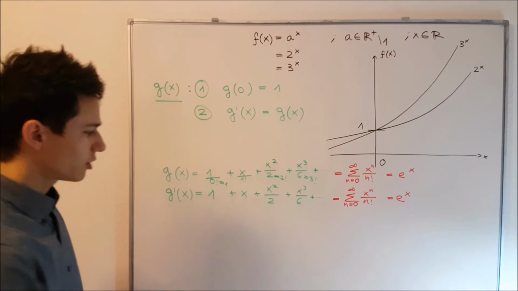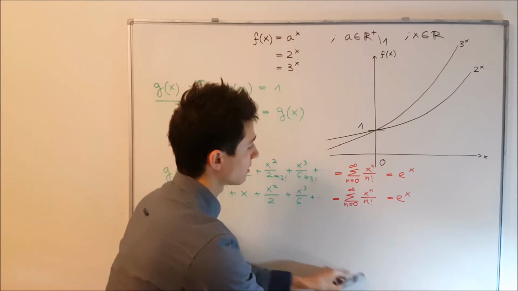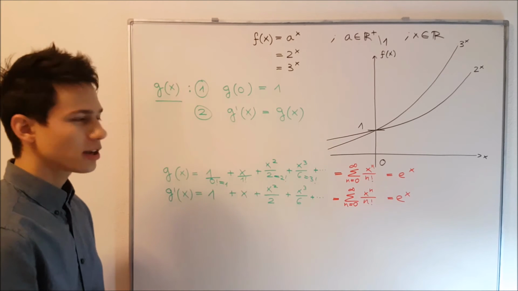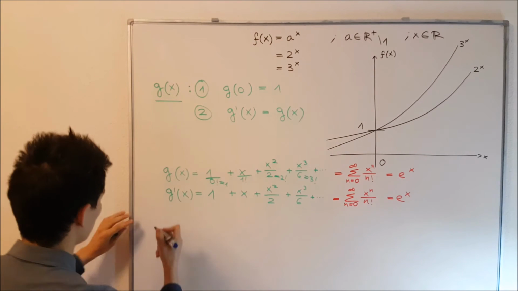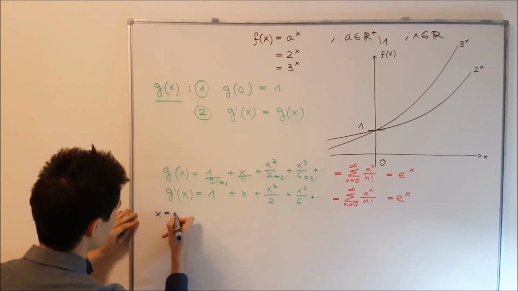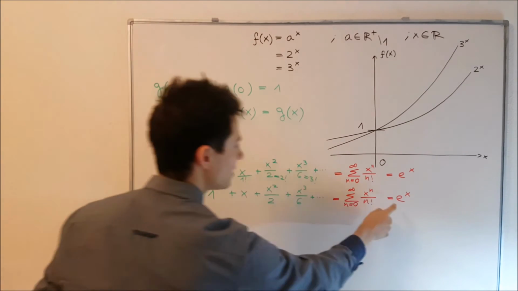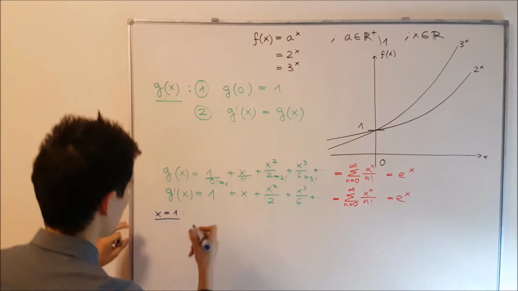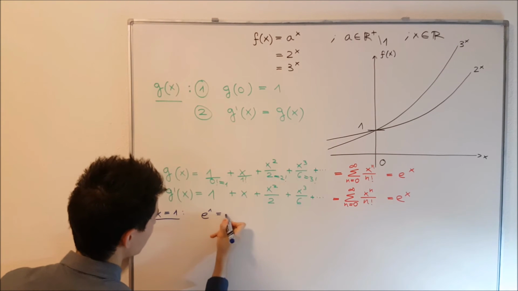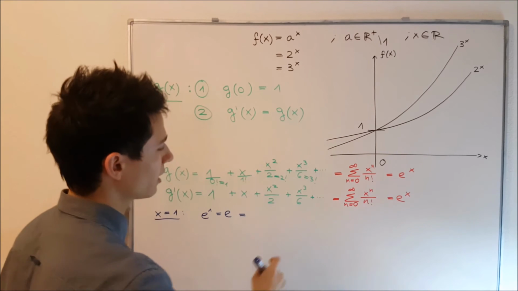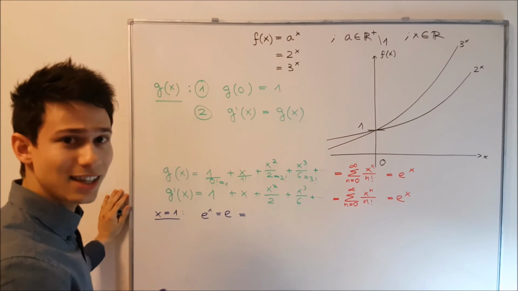And now I'm sure that you would be interested in what is actually this value e. And we can use a simple trick, which is to set x equal to 1. Then we would get e to the power 1, which is just the same as e, right? And now we can set 1 also as an argument in this infinite series.